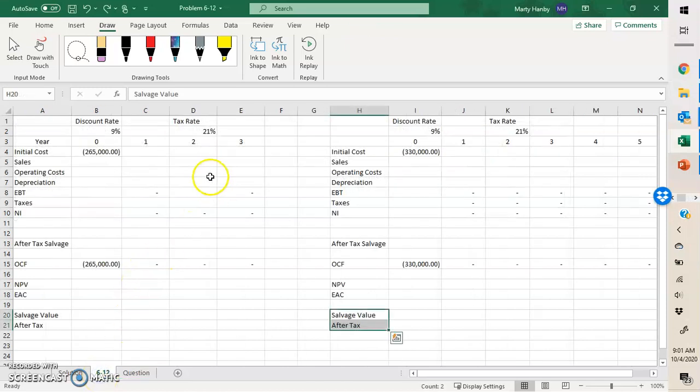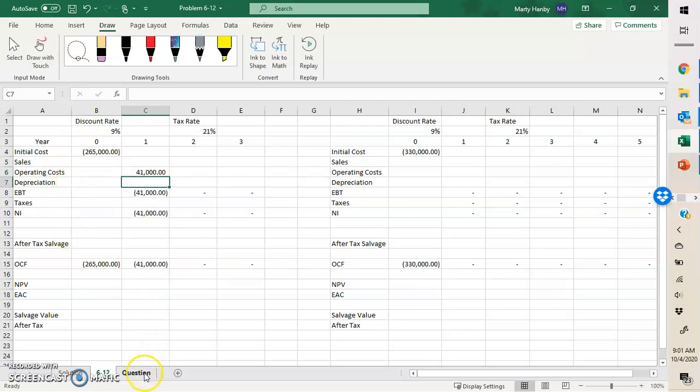I've got both the projects set up and entered. So we've got $265,000 for Techron 1 and then $330,000 for Techron 2. I've entered the discount rates and the tax rate. There are no sales here, but the operating costs for Techron 1 are, I believe, $41,000.